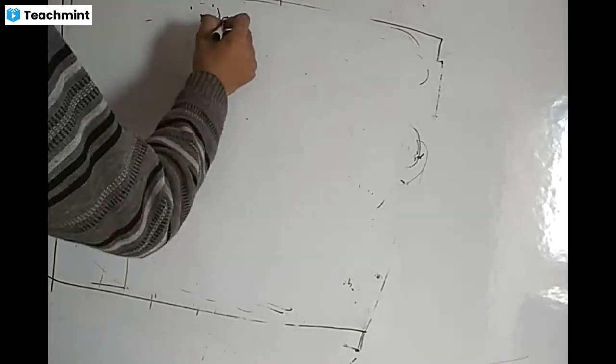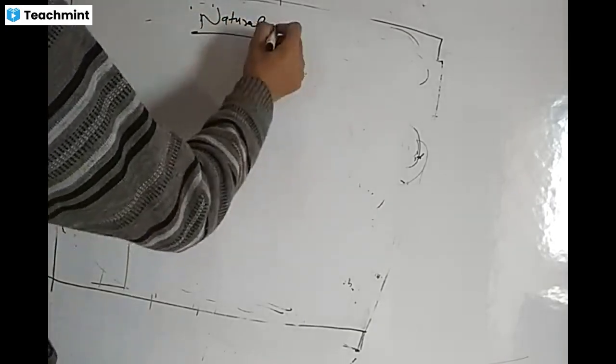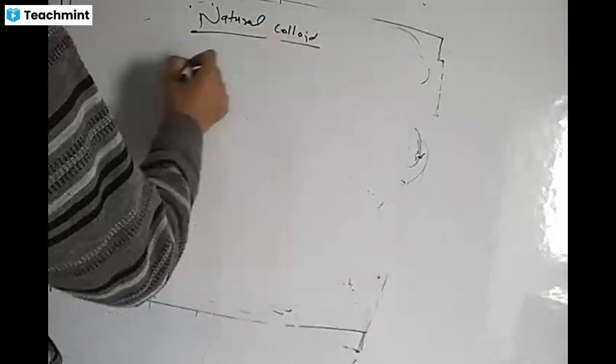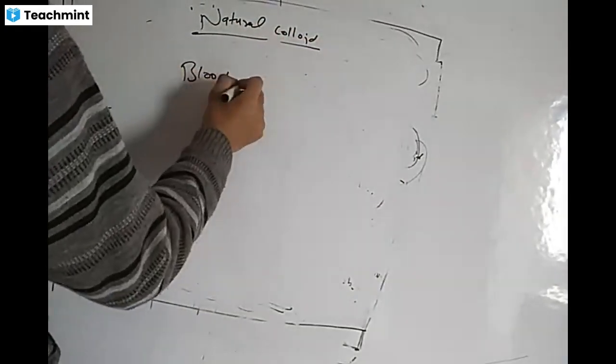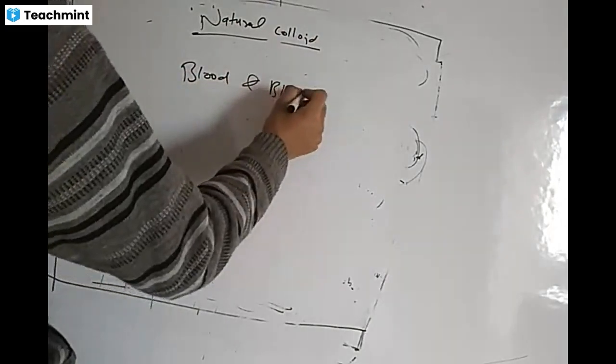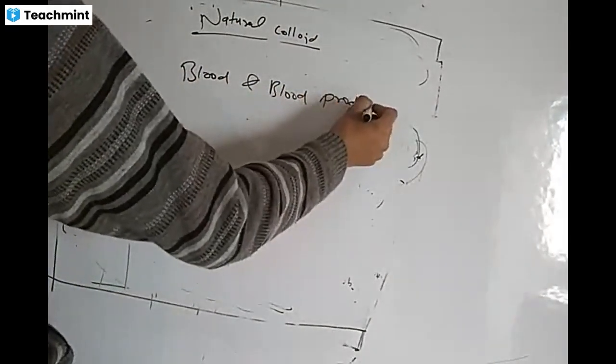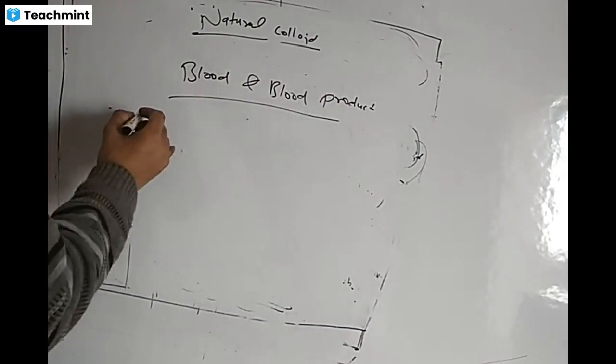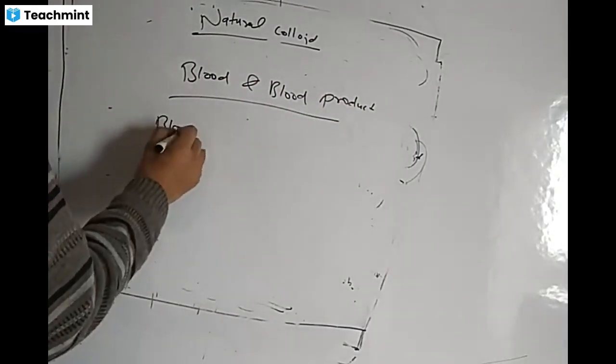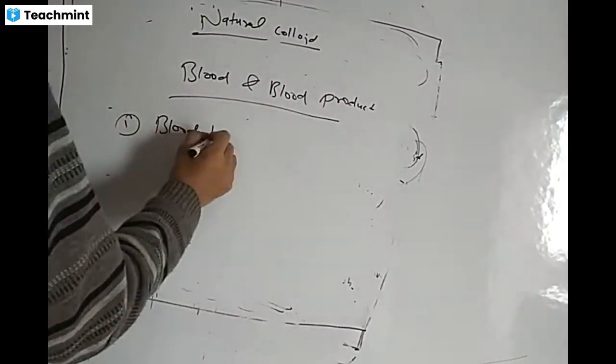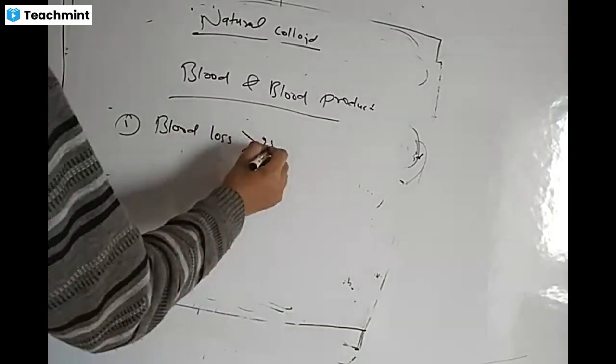So after synthetic colloids, we will move towards the natural colloids. Natural colloids are your blood and blood products. So when to use these? The first condition is when the blood loss is more than 25%.